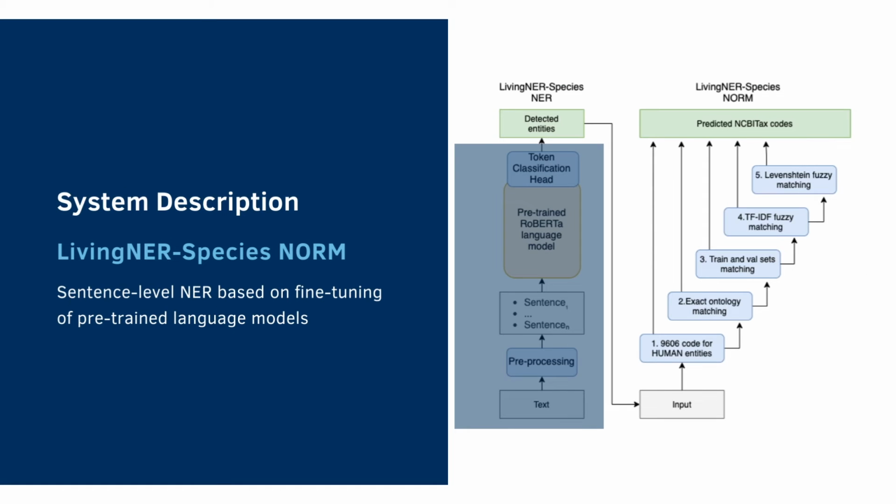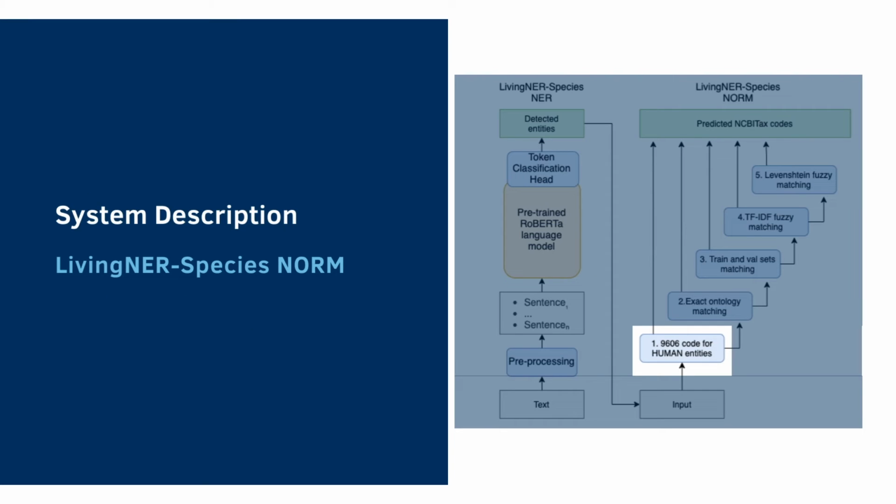For the named entity normalization task, we developed a sequential system that combined exact and fuzzy string matching between entities and the taxonomy terms. Firstly, we linked all entities that were assigned the human label in the previous step to the 9606 code. Then we performed exact string matching between the detected entities and both the original taxonomy and its Spanish translated version.